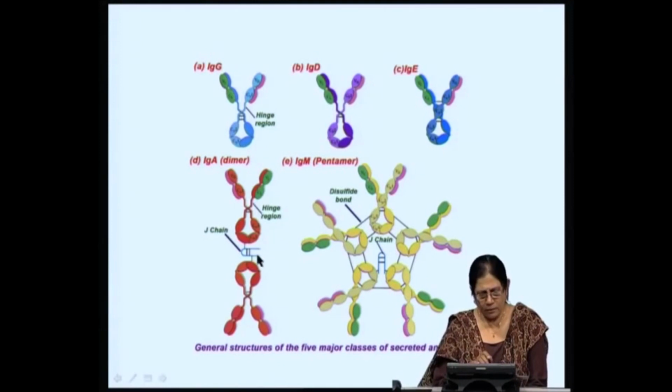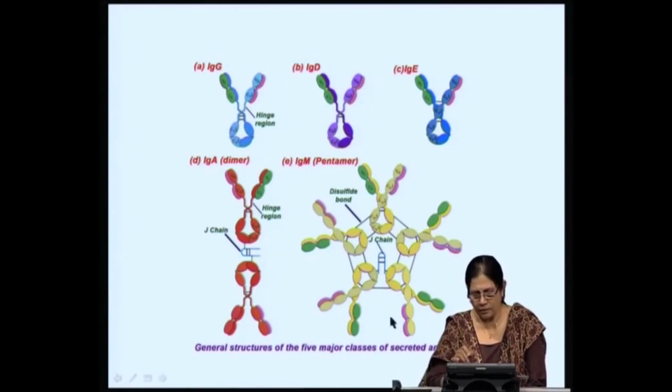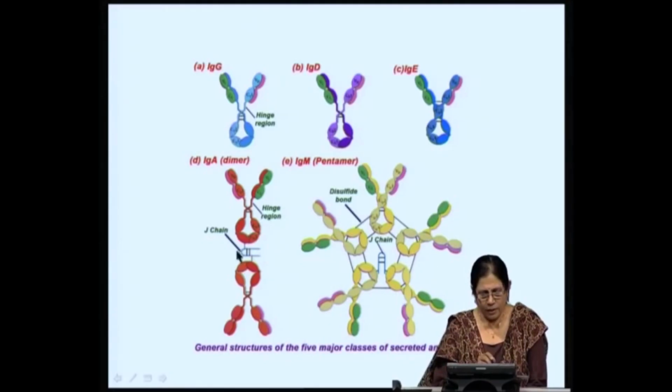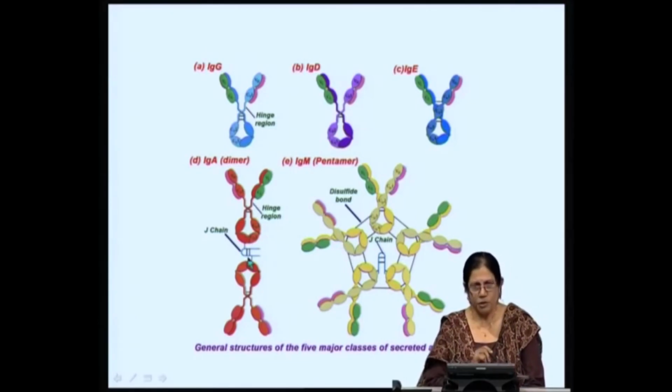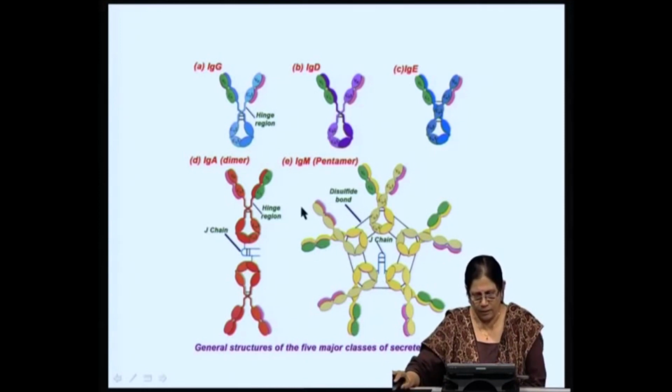The dimer, and the pentamer seen in the IgM, are held together by the J chain, which is a 15 kilodalton cysteine rich molecule, which is also synthesized by the B cells. You can see the J chain here and the J chain here. So, you have similarities between these 2 molecules because of the presence of the J chain. Let us see if there are any other similarities.